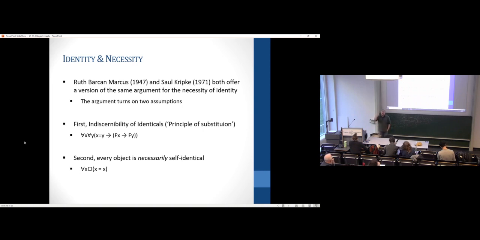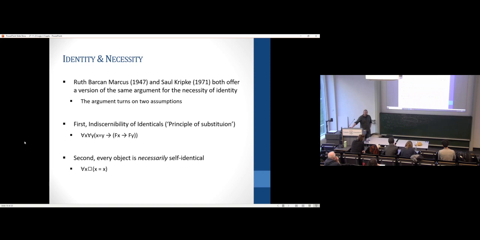And this argument's going to hinge on two principles, two assumptions. The first one's one that we saw already, which is just this, right? If two things are identical, then they share properties. Yeah? Which, again, no one was really doubting this. This is a kind of substitution.